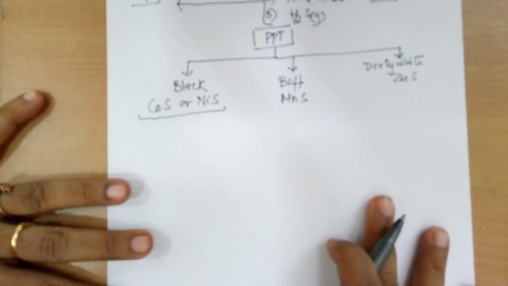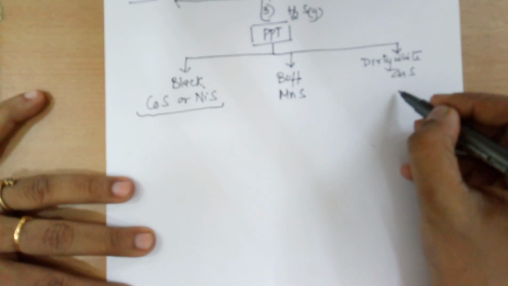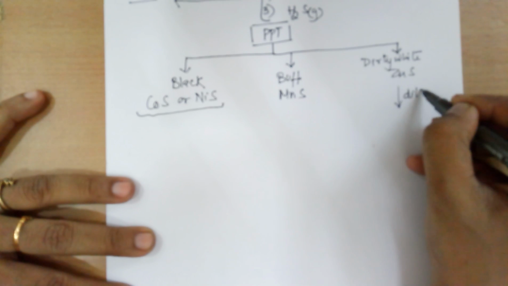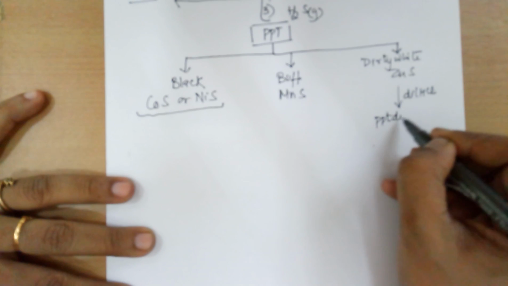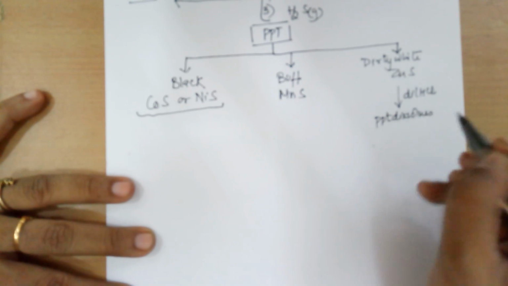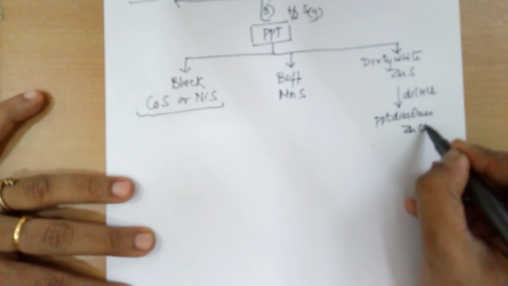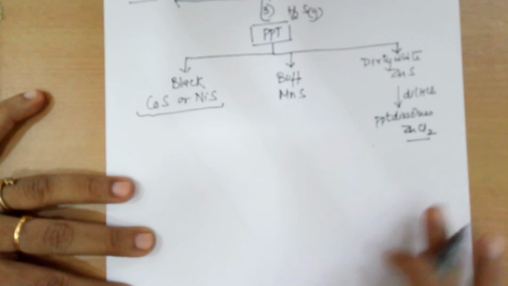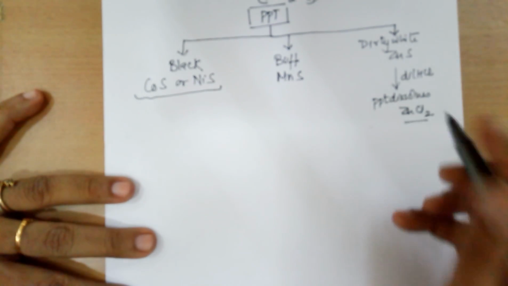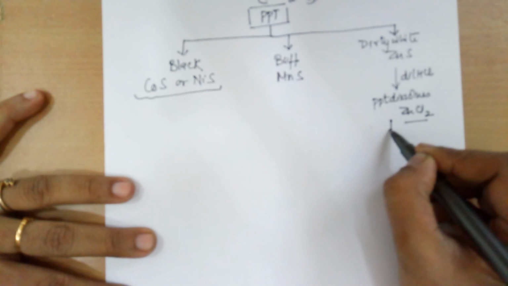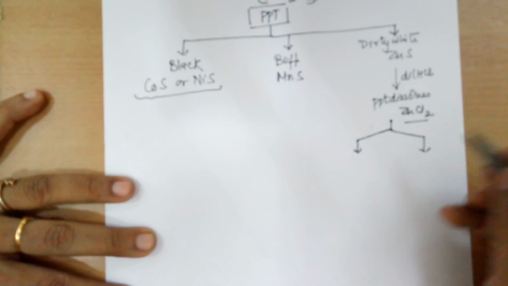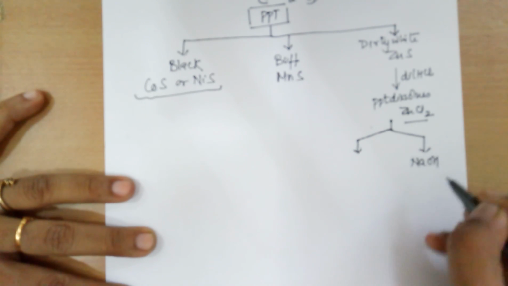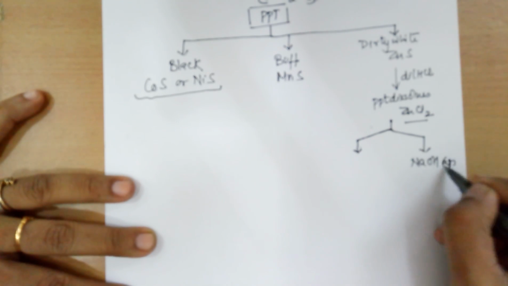If you get a dirty white PPT, how do you proceed? You add dilute HCl to the PPT and the PPT dissolves. The dissolution of the PPT is indicative of the formation of zinc chloride. To this solution, you need to divide it into 2 parts. To the first part, add NaOH solution.